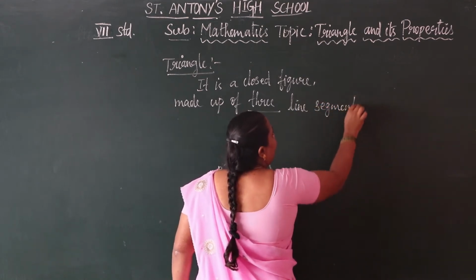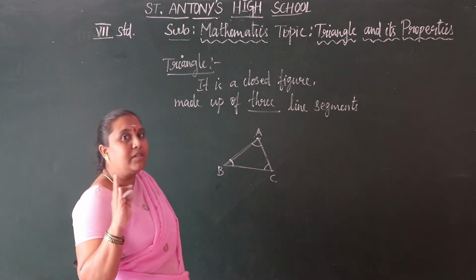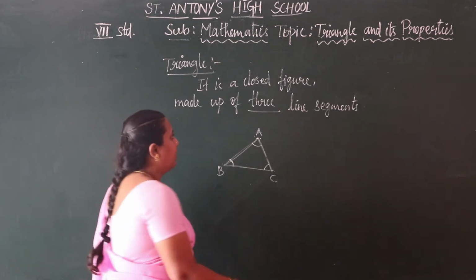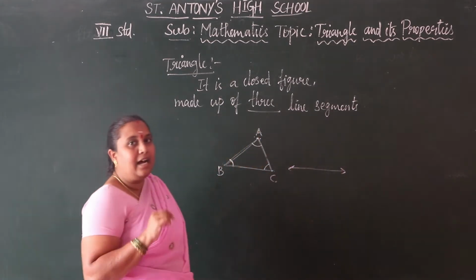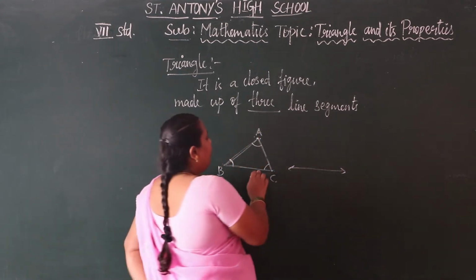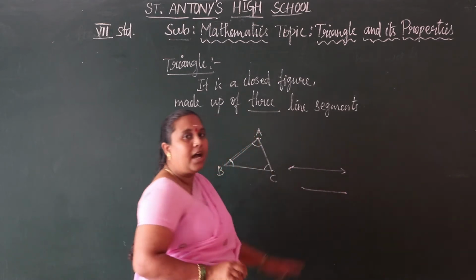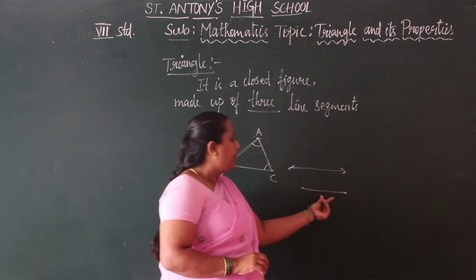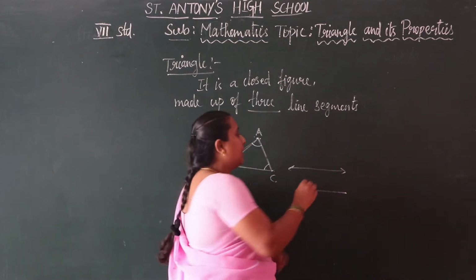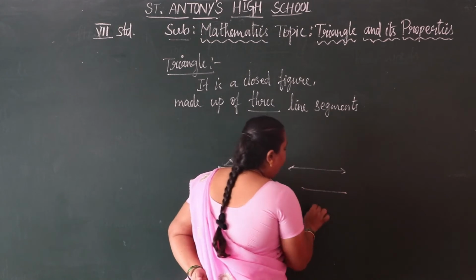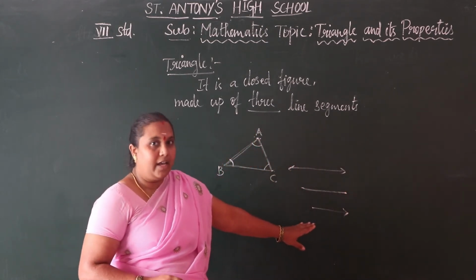In your last chapter we saw what a line is and what a line segment is, and the differences. Is it right, children? If it moves on both sides, you can say it is a line. If we have end points, we can say it is a line segment. If we have one end point and the other side is moving, this is a ray.